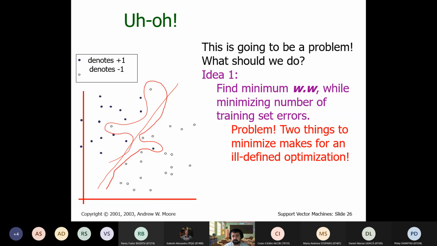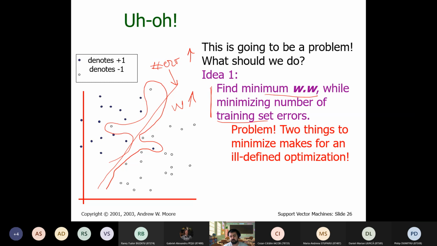And when you overfit, the norm of W goes very high, so you cannot satisfy the first part, minimize the norm of W. If you get to this form, then the number of errors will get high, so you cannot satisfy the second part of the problem.